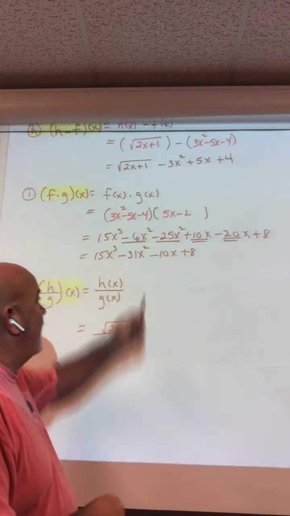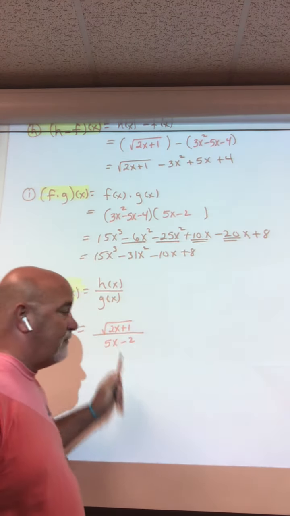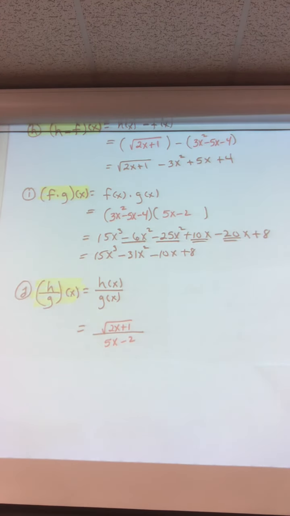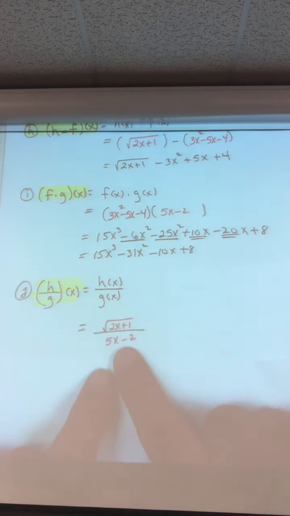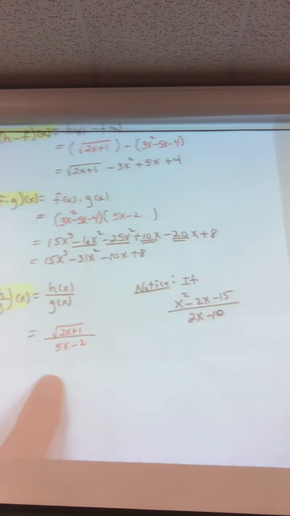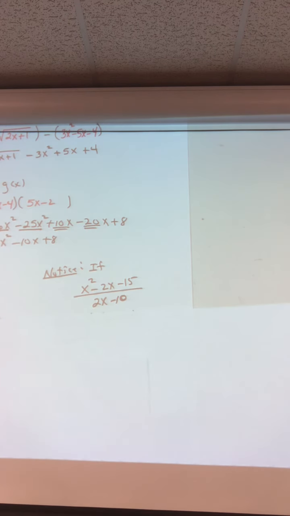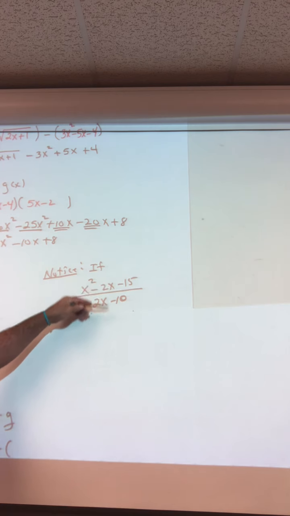Now, you don't have to try to factor these, but in the fraction ones you do. Here is why. Let's suppose you did one of these, and instead of your answer being this, suppose your answer was this. Suppose this was my answer right here.